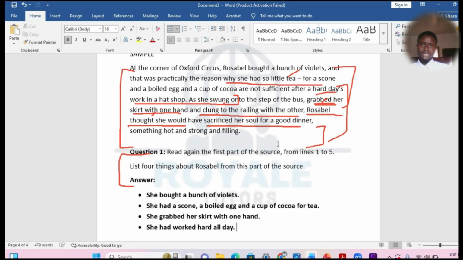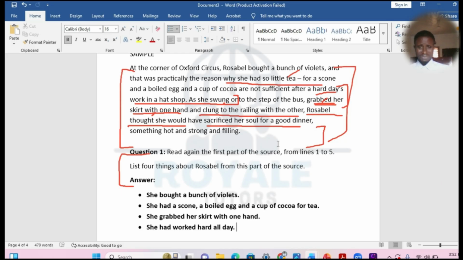And then I said that you can lift the quotes the way they are from the text, and you can also paraphrase, meaning you can make use of your own words, right? Another thing that I said again is that you need to keep your answers simple, right? You don't need to write complex sentences, which are a combination of a dependent clause and an independent clause.